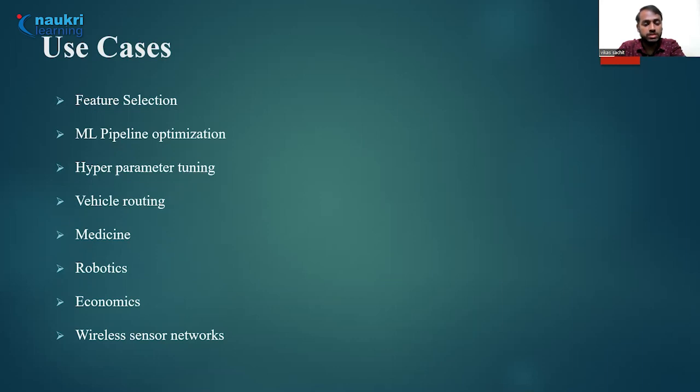And in robotics, generally a robot has arms or legs or wheels, whatever it may be. In that case, how should an arm move from point A to point B? For example, if a robot wants to pick an object from its initial position to the target position, how should it go? All this we can do with a genetic algorithm.